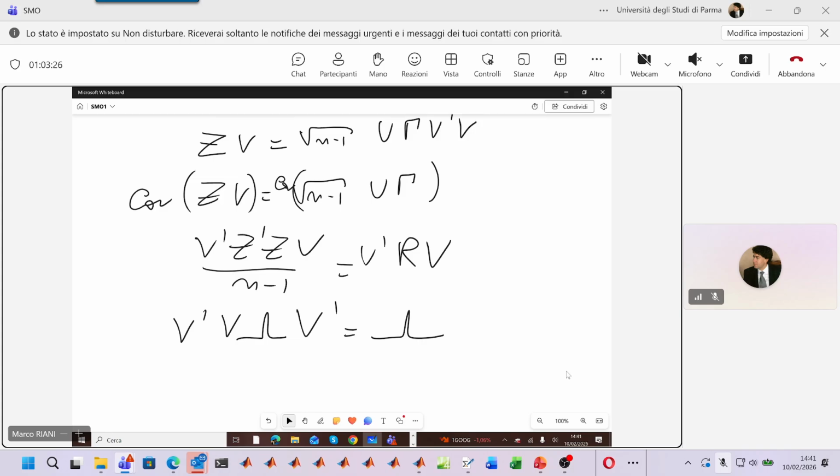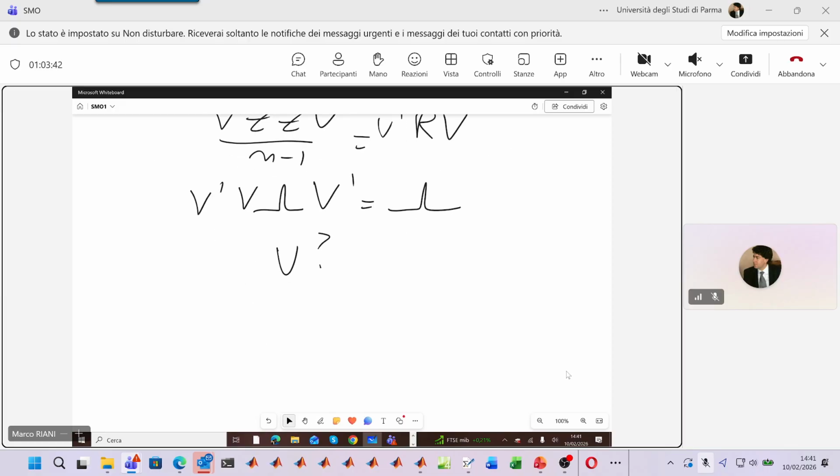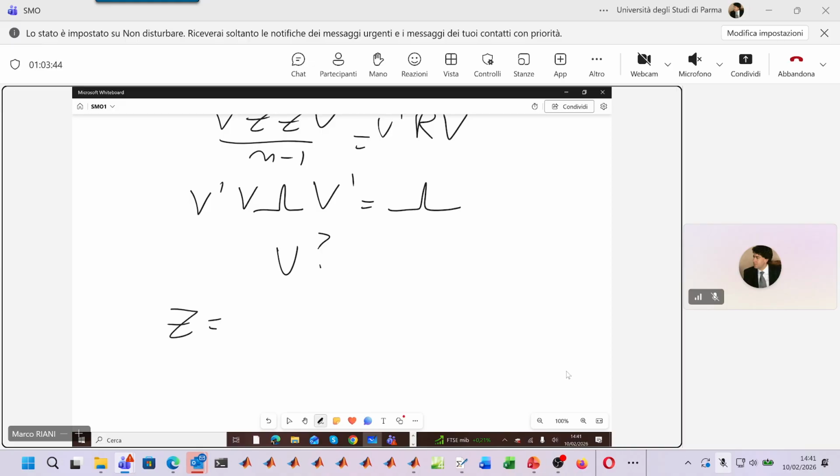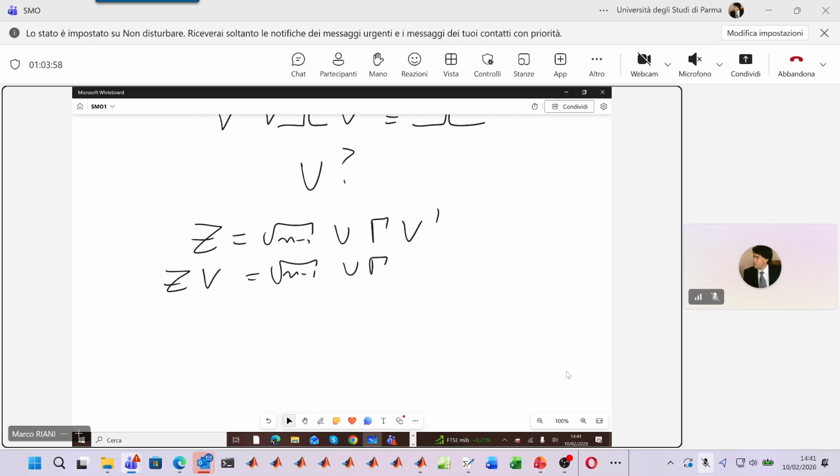So this is the interpretation of square root of n minus 1 U times gamma. And what is U? Right. And now we do it. U gamma V prime, okay, ZV, so is this thing here, right? Then we multiply by gamma to the minus 1.